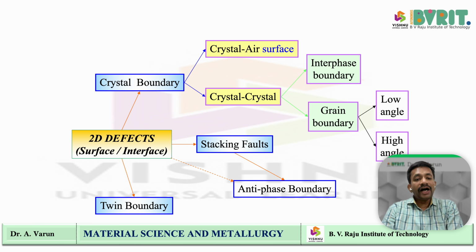And you also have stacking fault or twin boundary. Stacking fault is nothing but, in the entire surface, you may have a stacking of ABC, ABC, ABC, and one A may be missing, and then it may say BBC. So that is called a surface defect, a stacking fault.